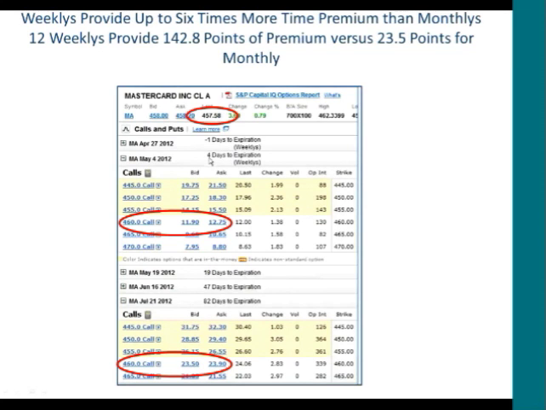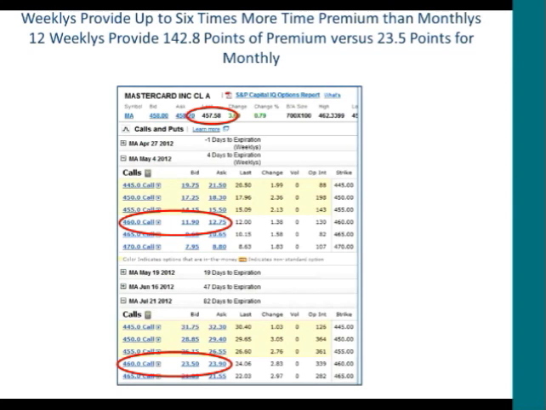It only had 4 days to expiration, but if you sold it at the market, at the bid price, you would have gotten $11.90 in premium. At the same time, if you had sold the July monthly option, same 460 strike, which would have been the at the money call with MasterCard trading at 457, which expired in a couple months, you'd collect 23.5 points of premium.